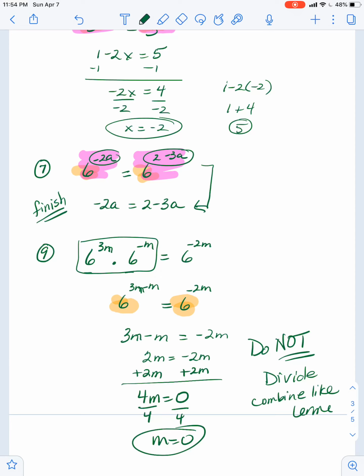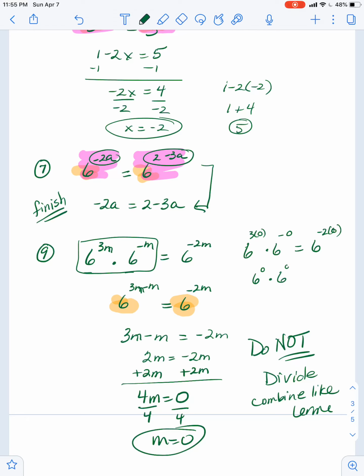Okay? Now let's go up here and let's check to see if this works. It says m is 0. So if I have 6, and then I have 3 times 0, times 6 to the negative 0, will it equal 6 to the negative 2 times 0? Well, 3 times 0 is 0, so that would be 6 to the 0.